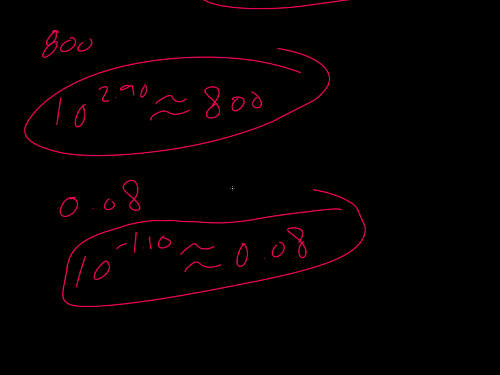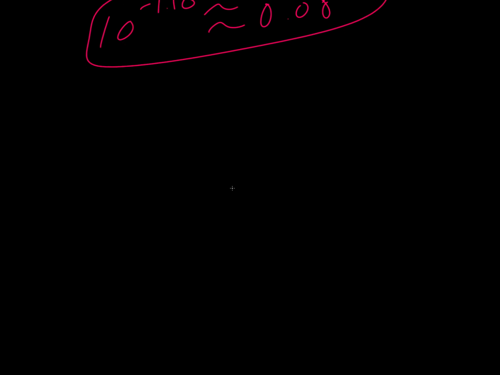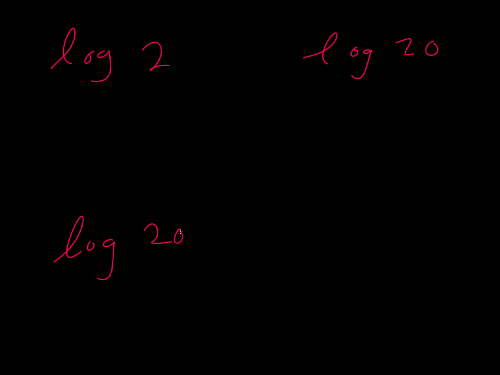All right, those are just trying to help you wrap your head around how logs work. Now it says use your calculator to find log 2 and log 20, and then it wants us to explain why log 20 is equal to log 2 plus 1.